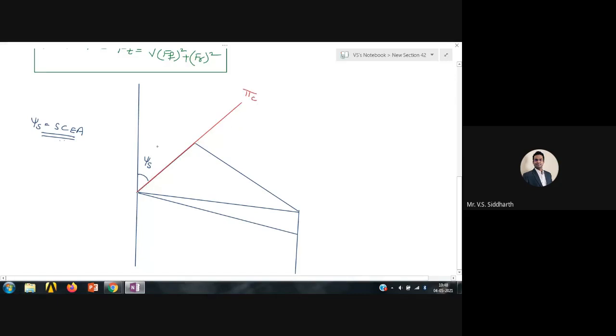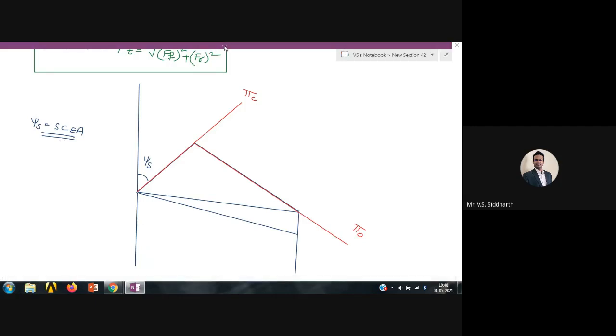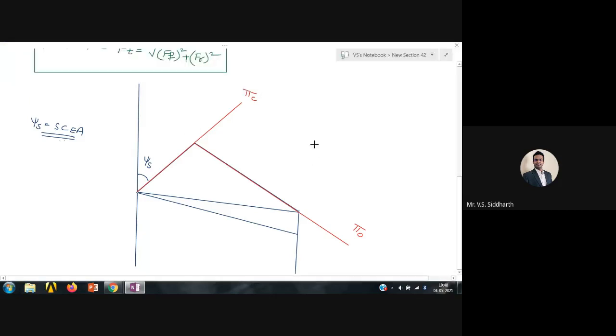Cutting plane. And what is this plane? Pi r plane. Pi orthogonal plane. And what is this plane? Cutting plane. Sorry, x plane. Pi x plane.